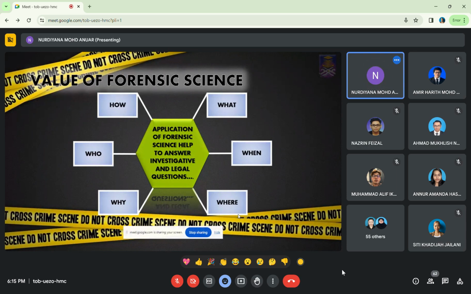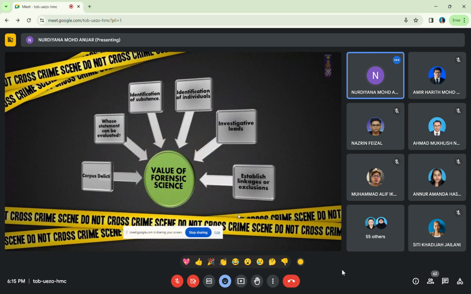Okay, next. Corpus delicti. Siapa tahu apa maksud tu corpus delicti? Pernah dengar tak? Another Latin word. Apa benda sekali lagi madam? Corpus delicti.